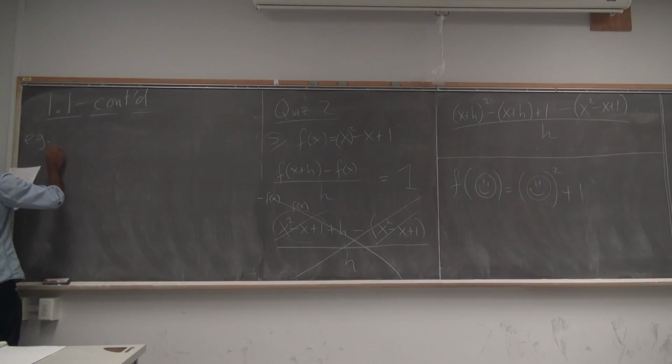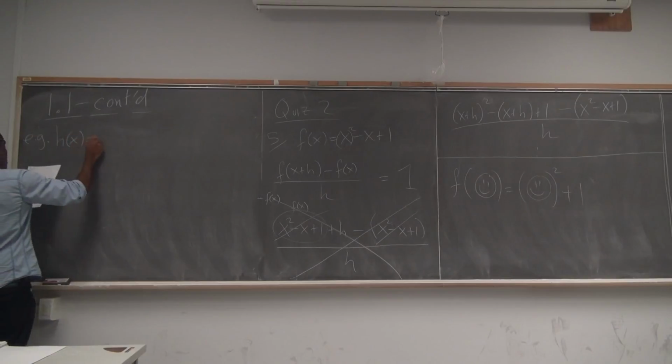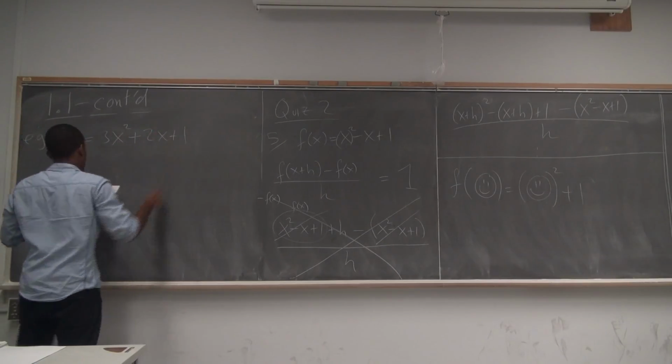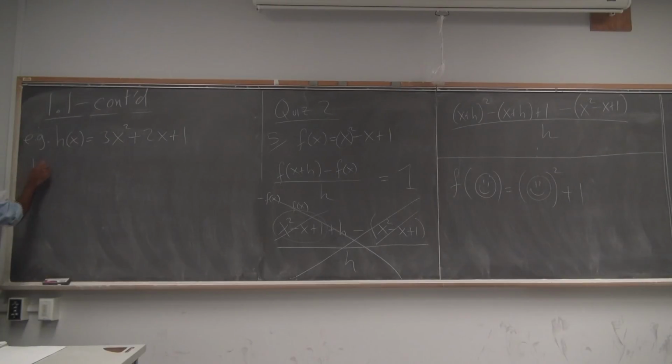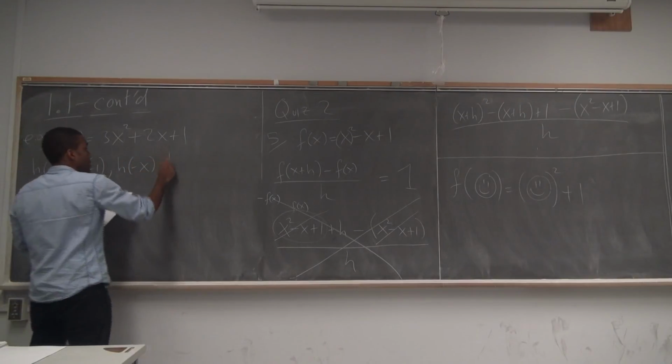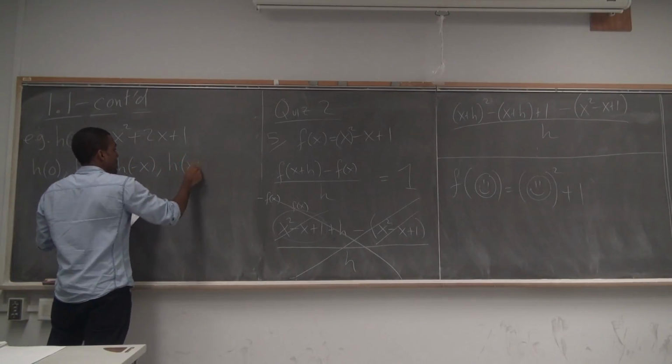Slightly more complicated example, not much. h of x equals 3x squared plus 2x plus 1. Find h of 0, h of minus 1, h of minus x, h of x plus k.